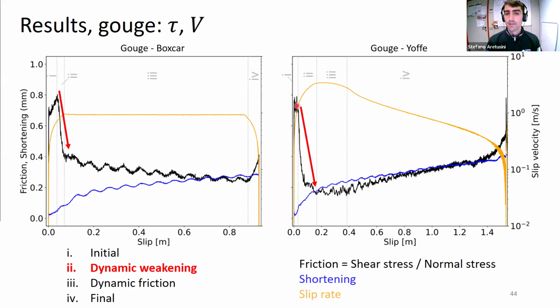Again, here we have a slip strengthening stage 1 and a dynamic weakening stage 2, which is sharper than in the previous case. Then a stage in which friction is constant, stage 3, and then a recovery of friction during stage 4, the deceleration stage. Here, shortening is evolving in a more significant way because there are a lot of processes of strain localization happening, unlike in bare rock surfaces.